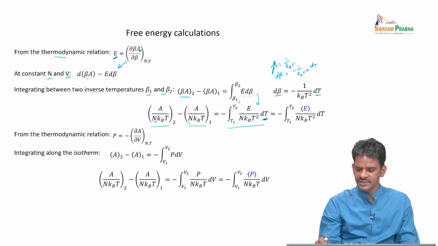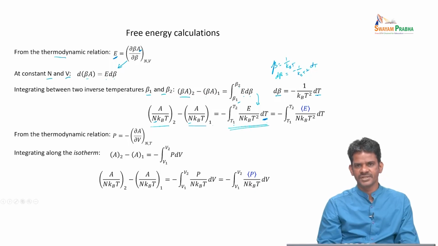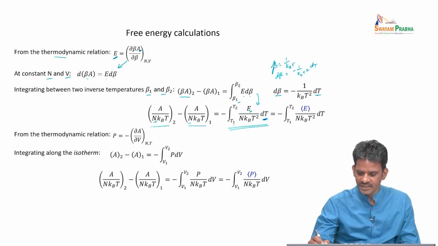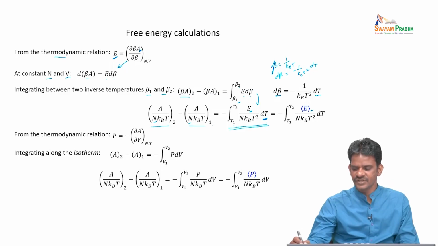So, this can be easily obtained from our MD simulation, because what you see here, E, is nothing but the average energy that you can obtain from your NVT simulations. So, the way you would use this expression is that you basically do multiple NVT simulations at different temperatures.